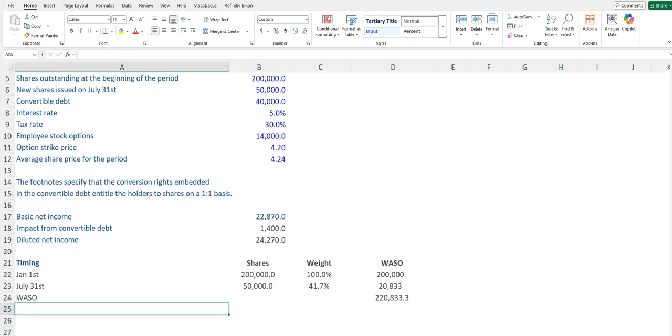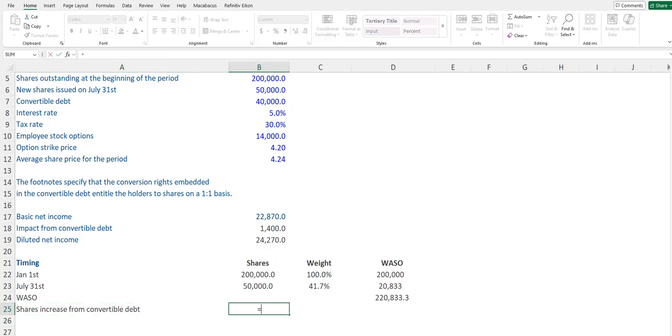And now we also want to see how much of the convertible debt can be converted into shares. So we say shares increase from convertible debt.